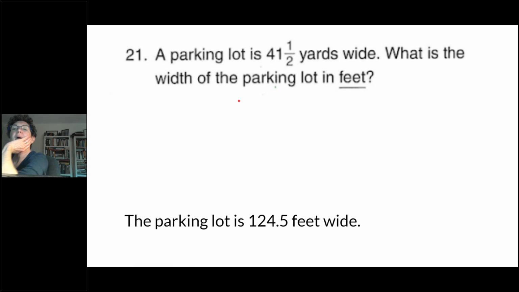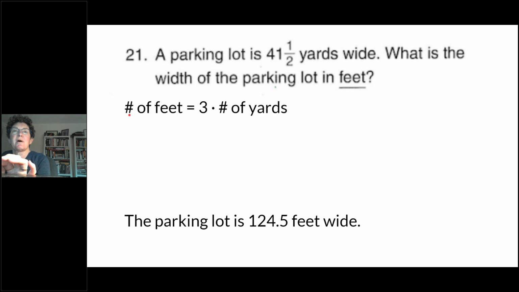Okay. A parking lot is 41.5 yards wide. What is the width of the parking lot in feet? This is a very simple formula. We know that we're converting yards to feet, and we know that the formula for the number of feet is 3 times the number of yards because there are 3 feet in every yard.